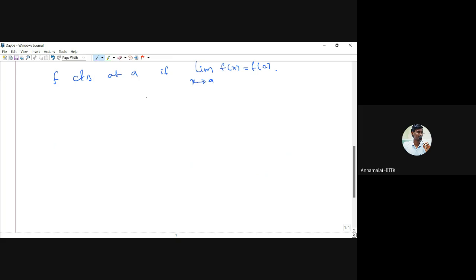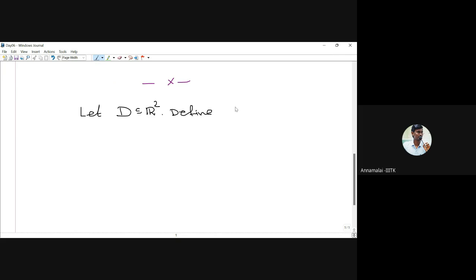So okay, now what do you mean by functions of two variables? The domain should be a subset of R2. Suppose we take some subset, let D be a subset of R2. Now if we define a function f from D to R, the codomain is always R.